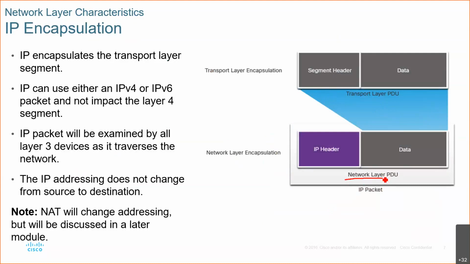Doesn't matter what logical address you're using, it can be IP version 4 or IP version 6. Network layer is responsible to take all the packets from the source to the destination. And that source and destination address, be it IP version 4 or IP version 6, does not change. It's the same.